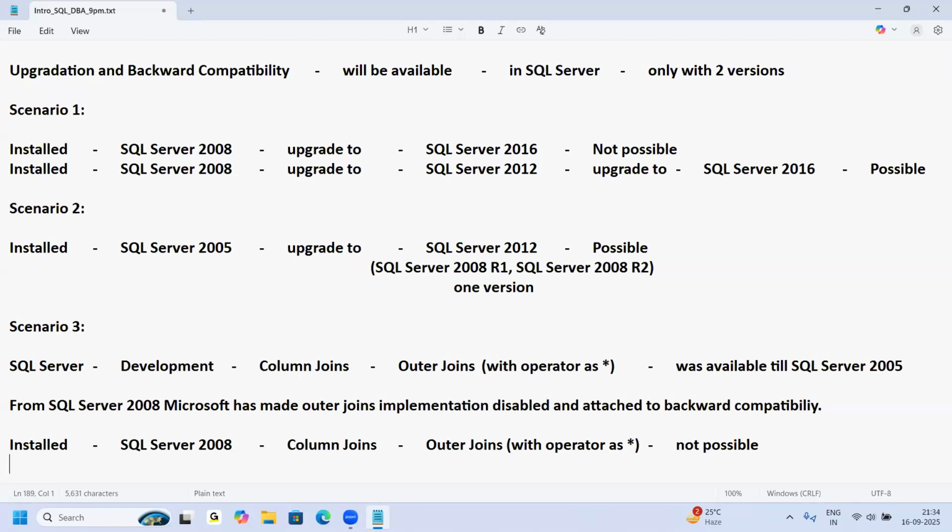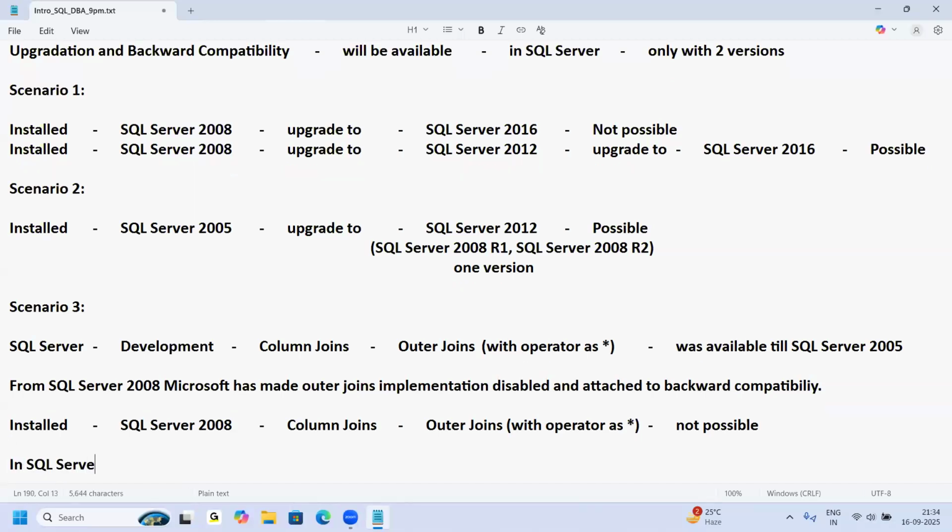You are in 2008 now. So you make your SQL Server go back, including features of SQL Server 2005. So what should I do now in SQL Server 2008? I should go back.